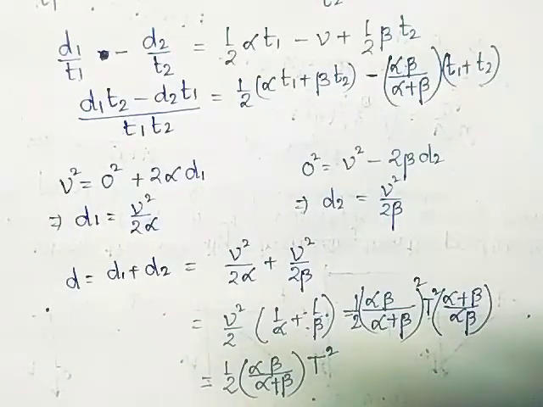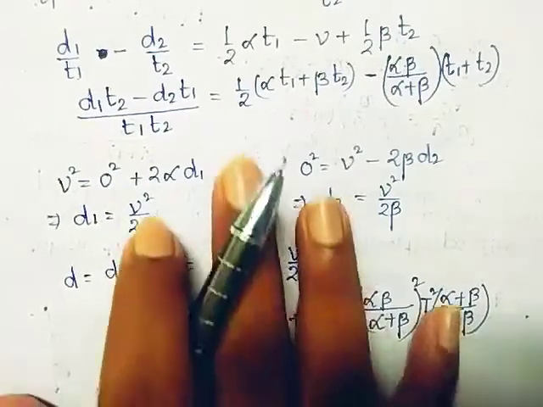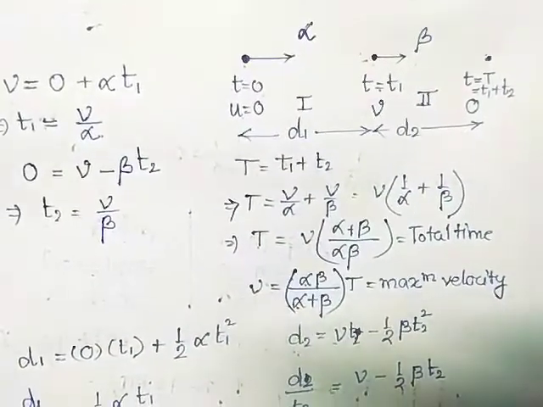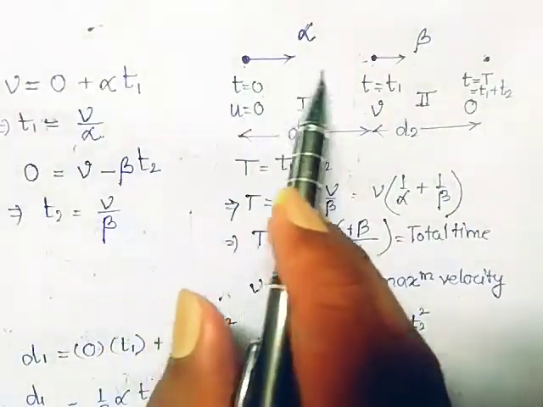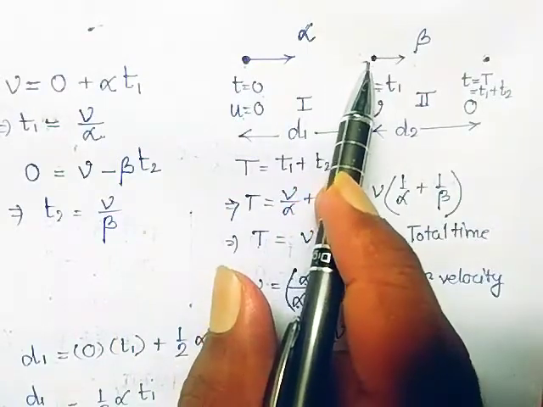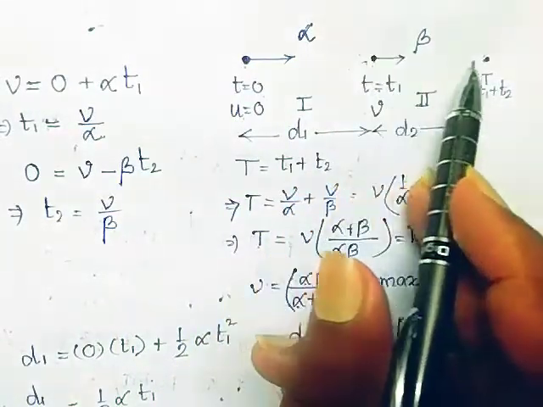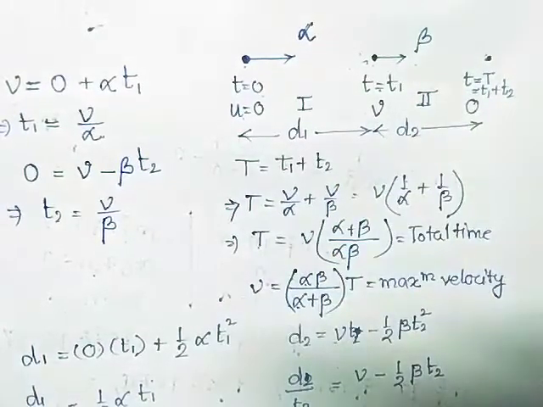I have discussed only one particular topic: a particle starts from rest, moving with constant acceleration, reaches the maximum velocity, then retards, and its velocity is again 0.